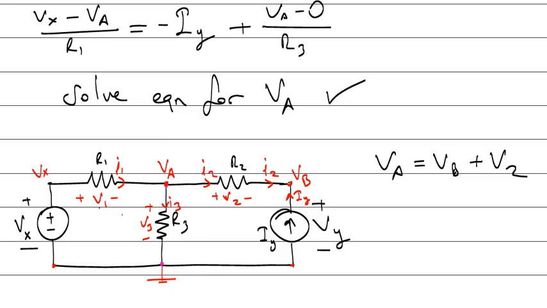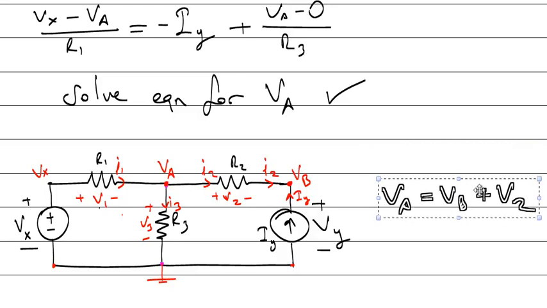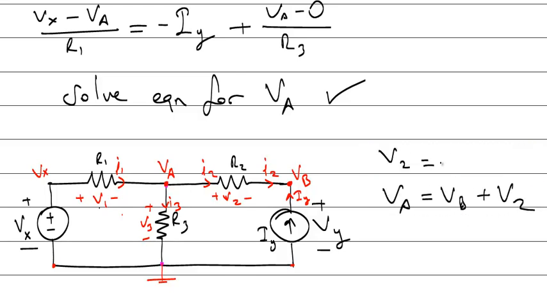Voltage of VB is here, voltage of VA is here. What is the difference between VA and VB? V2. Okay. Look here. VA minus VB is equal to V2. So what's VB? V2 is VA minus VB, so VB is VA minus V2.